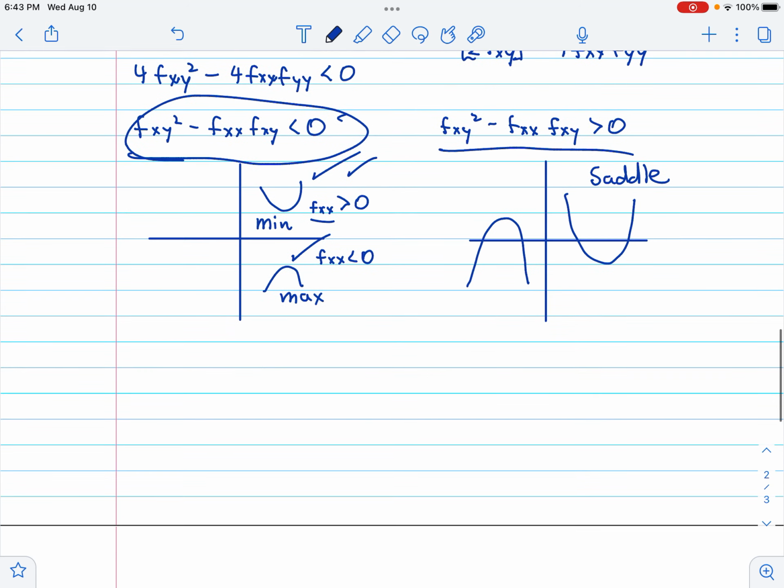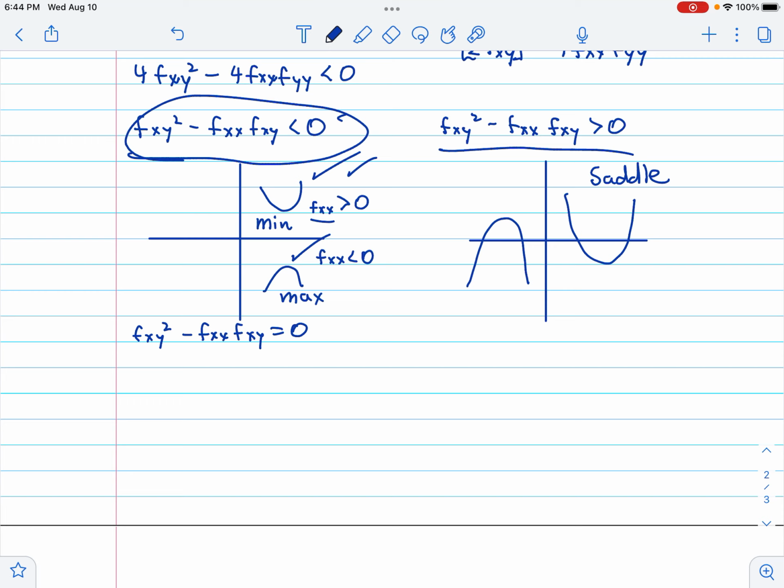Now, if you go the last step, b squared minus 4ac, so let's look at this. We've got fxy squared minus fxx fyy equals 0. If you have that situation, we say the second partial test is inconclusive.